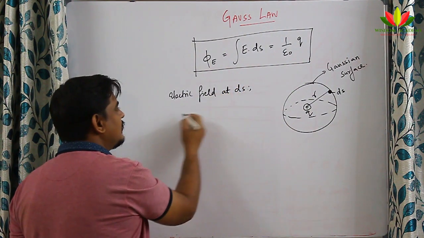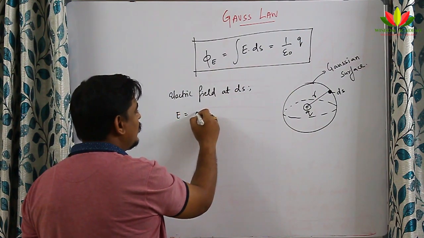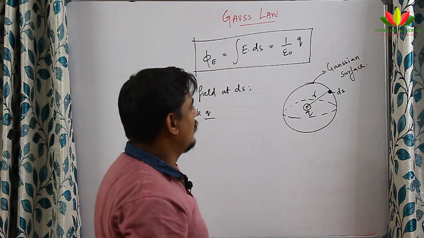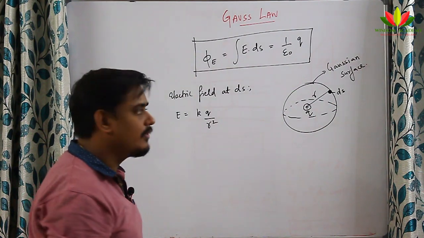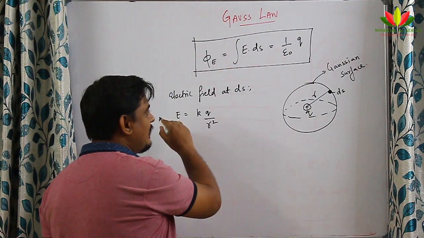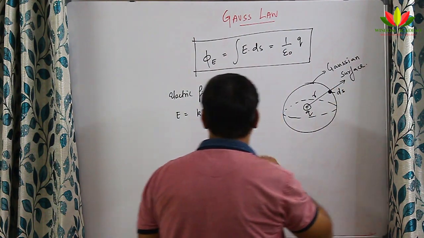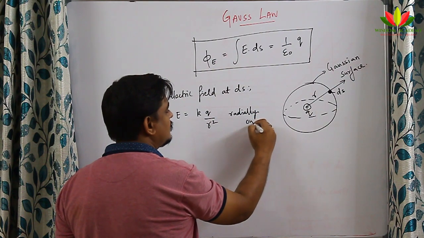The magnitude of electric field E will be equal to k q by r square, isn't it? What will be its direction? The direction of the electric field will be radially outwards.